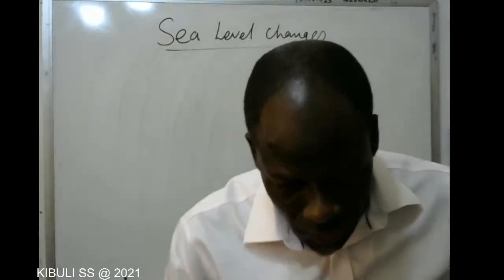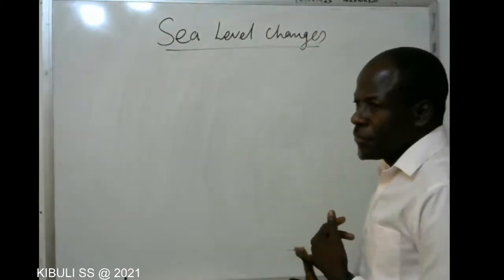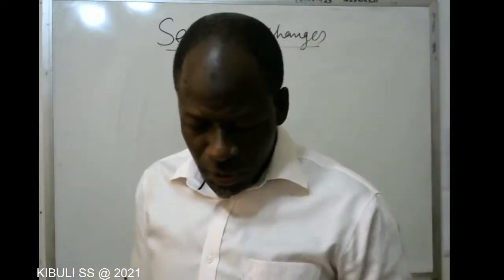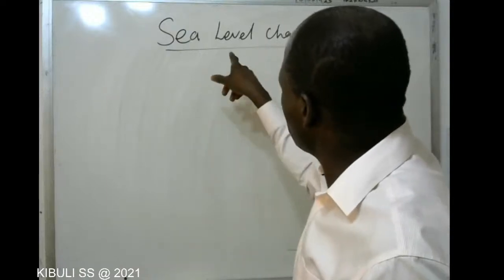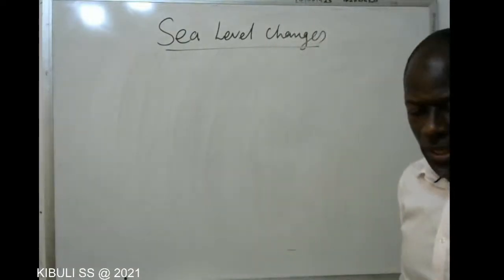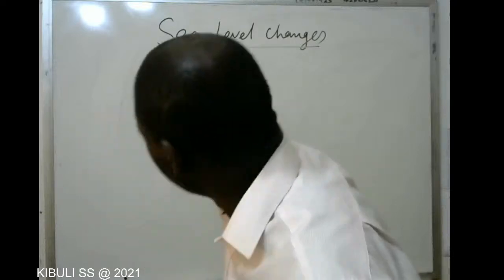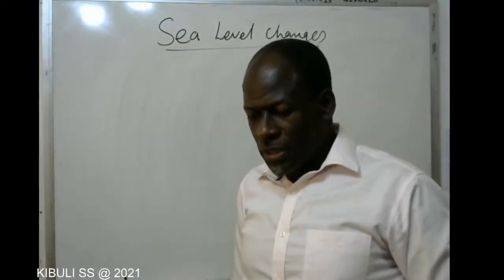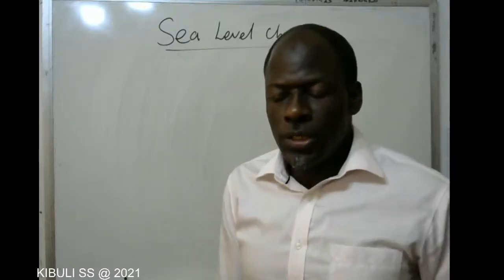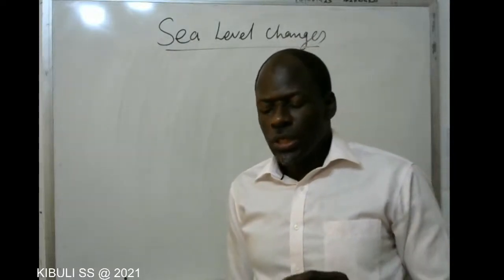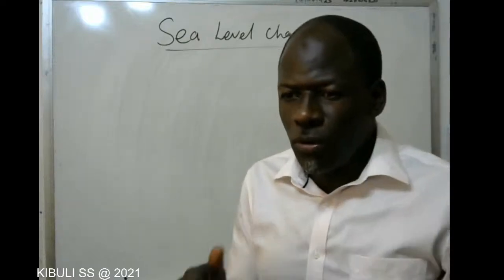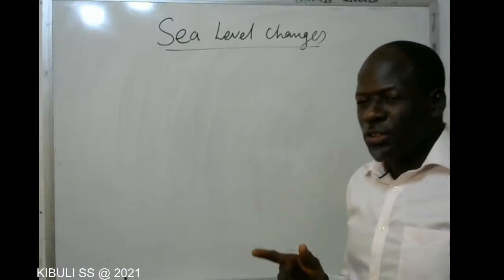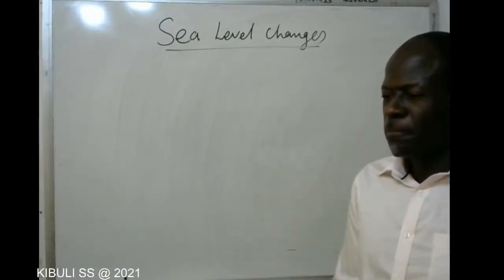Because we are done with wave erosion, and we've talked about wave deposition, the third category is called landforms arising from or due to sea level changes. We mentioned earlier that sea level changes refer to the rise or the fall in the water levels in relation to the coast.